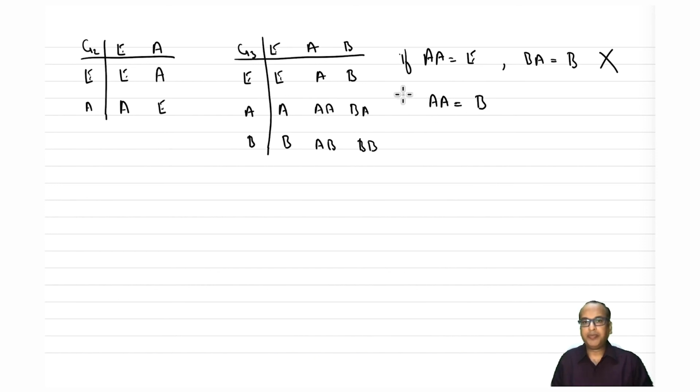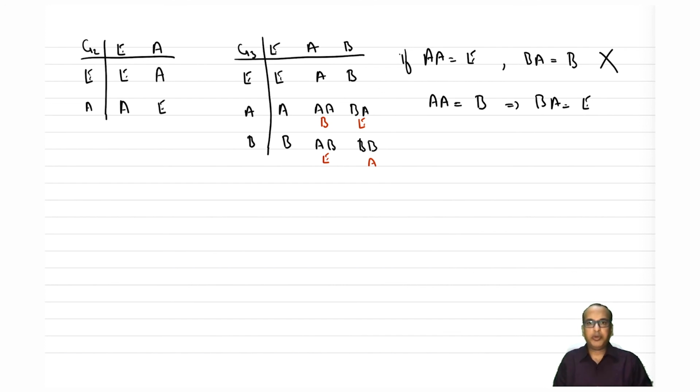If AA is B, this implies that BA has to be E, right? So you can write here BA is equal to E, and that leaves AB. This becomes your E, and this becomes your A, right?